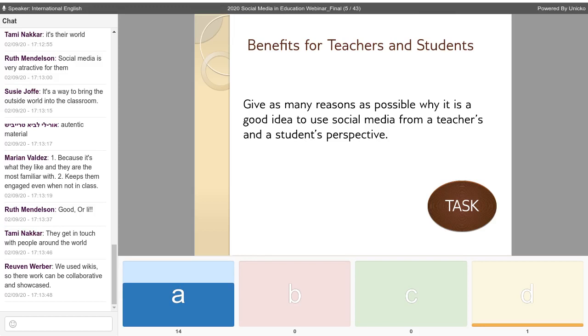Please open your microphone, Ruben. Can you hear me? Please open your microphone. How you are using or have used wikis for teaching and learning purposes.